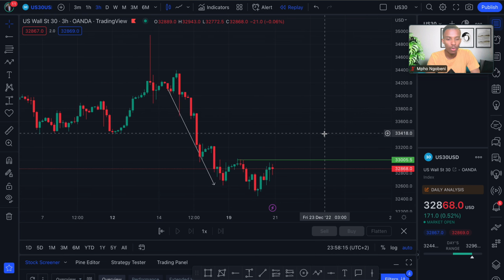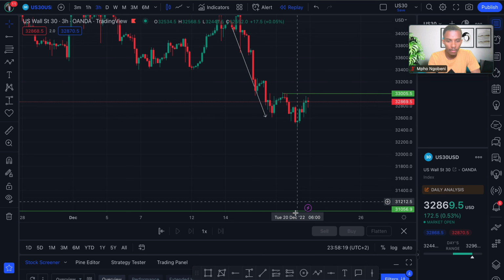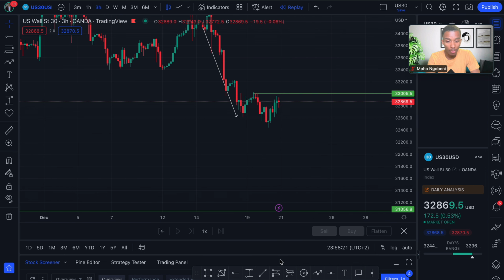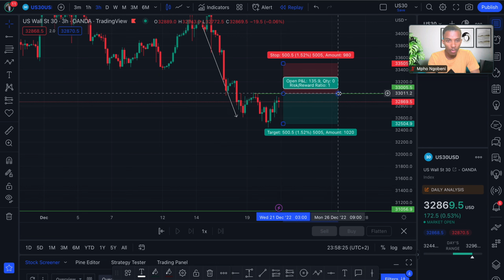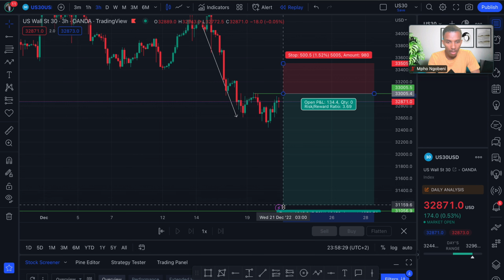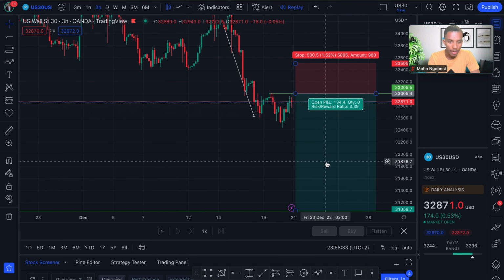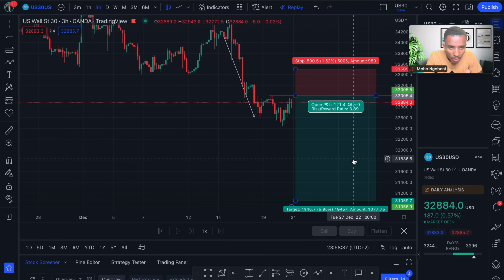So for tomorrow, we're going for a 2000 pip entry. That's what we are expecting. Is this 2000 pips? I think I'm lying to myself.